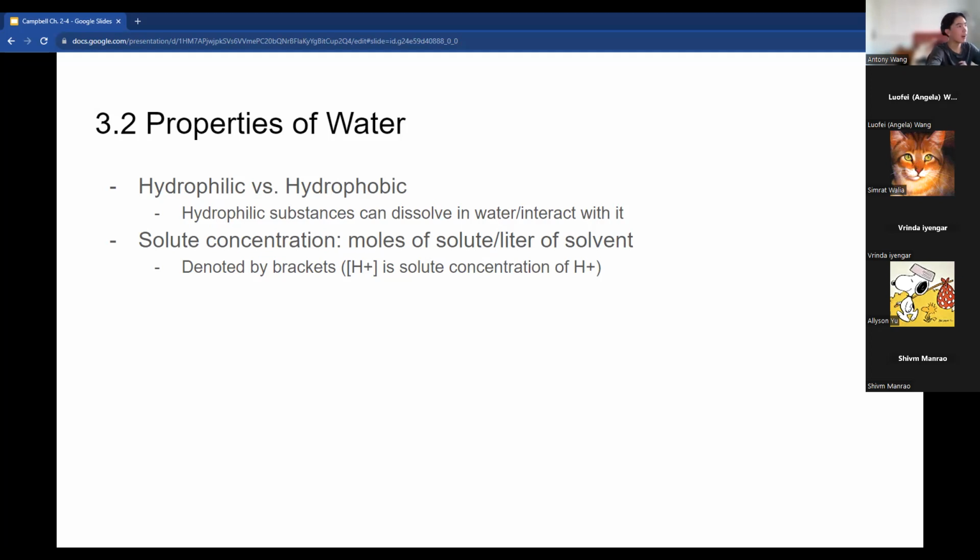It's a specific number that denotes a certain number of molecules. And to denote solute concentration, we generally use brackets. So the brackets around hydrogen denote the solute concentration of hydrogen.